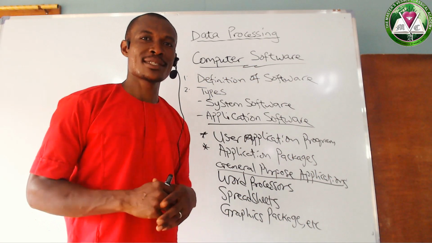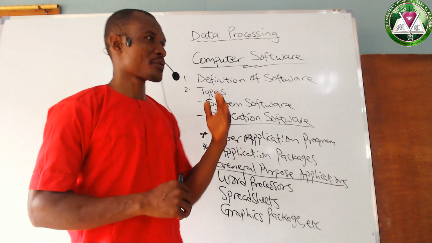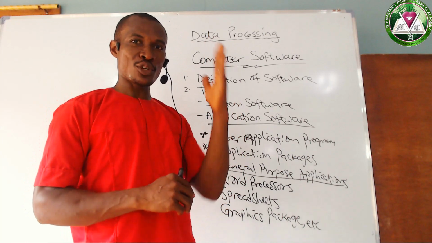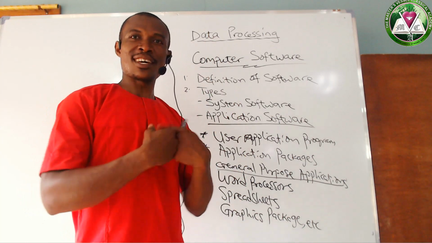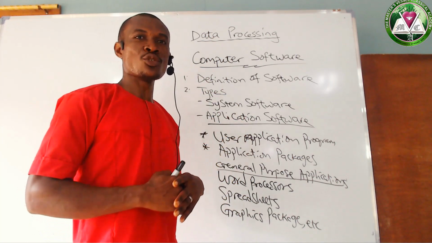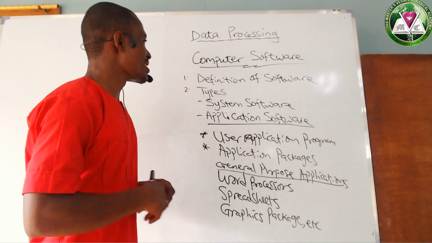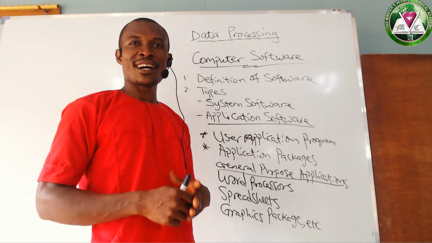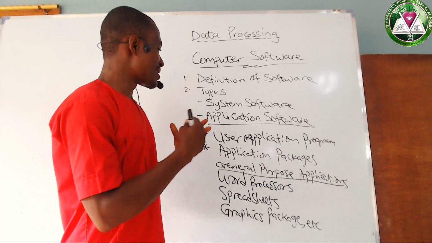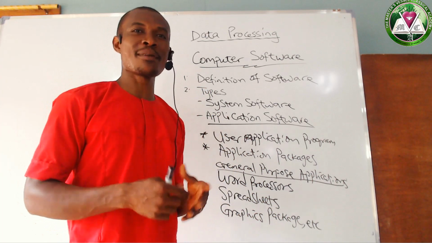So students, I know that from now onwards, you'll be able to define software. Remember, we said software is a set of programs or instructions that, when executed, tells the computer what to do. You can classify software into system and application software. You can describe system software and the operating system, the translators and the utility programs with examples.